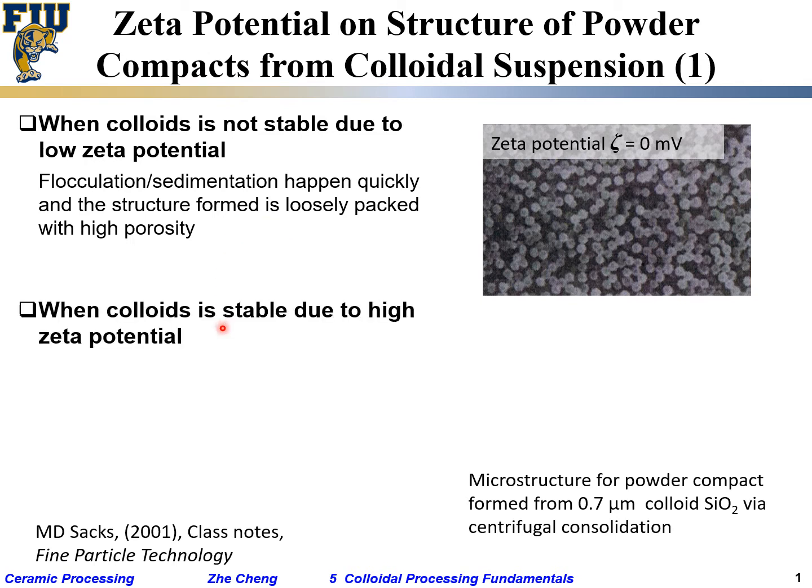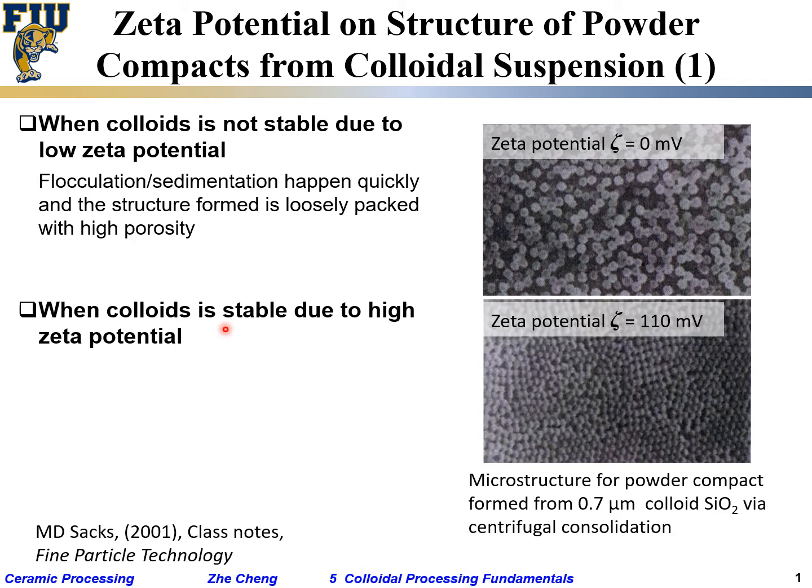On the other hand, when the colloid is stable due to high zeta potential, I'm going to show you a related image. But this one, the zeta potential is high, 110 millivolt. Okay, and you look at the particles, they are packed what? Much more uniform, much more denser, and the relative pore size appears to be smaller.